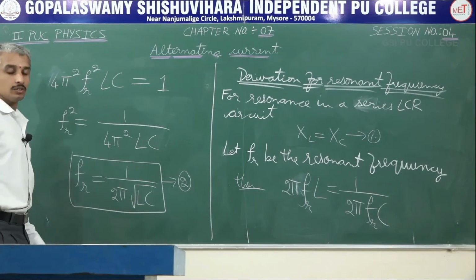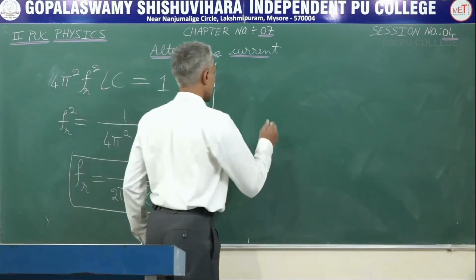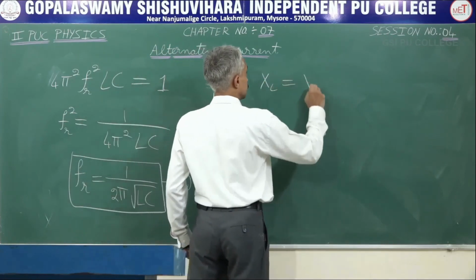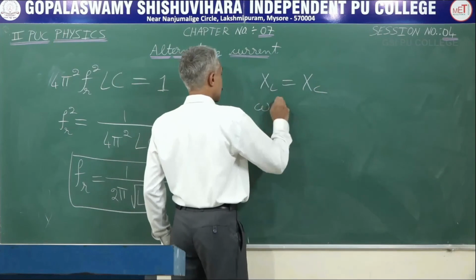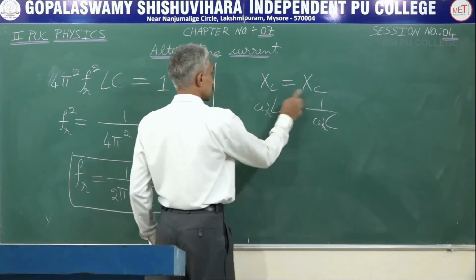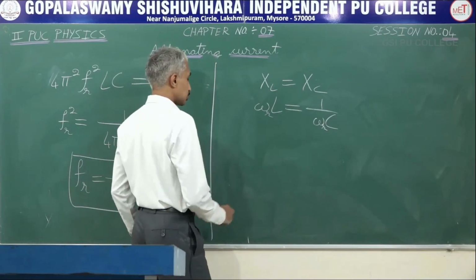In some of the books you may also find resonant frequency given in terms of the angular frequency, where the capacitive and inductive reactance are given in terms of omega.